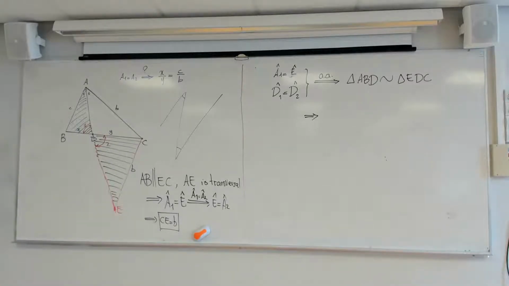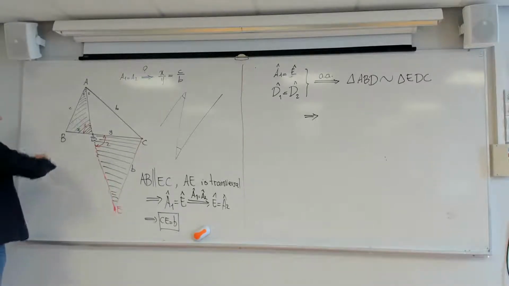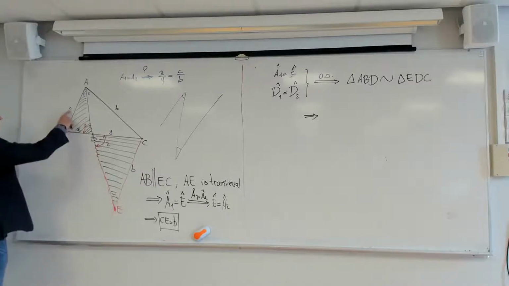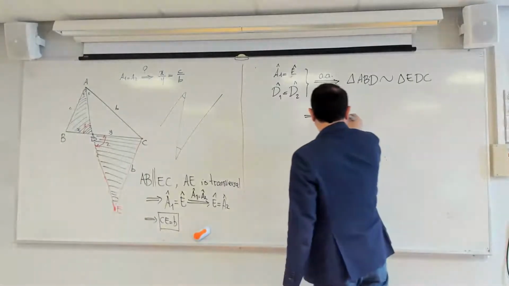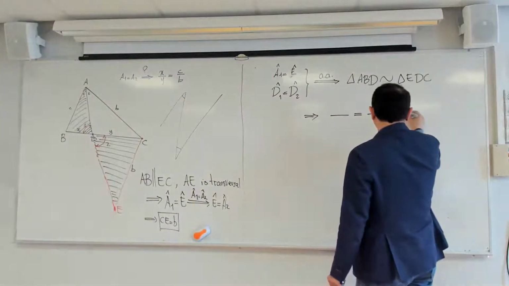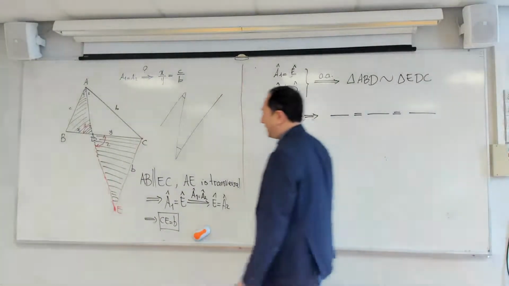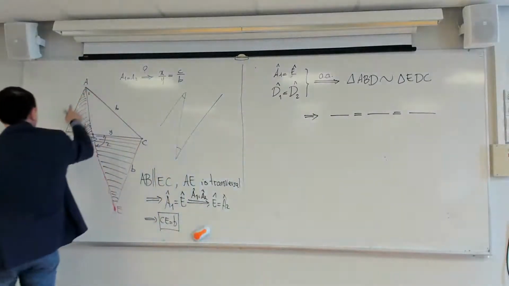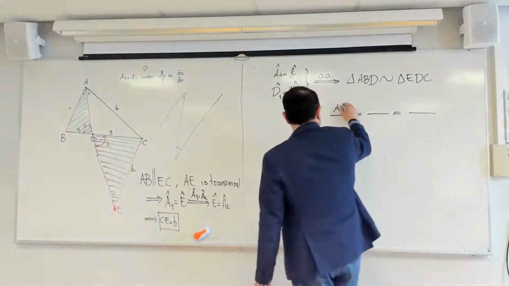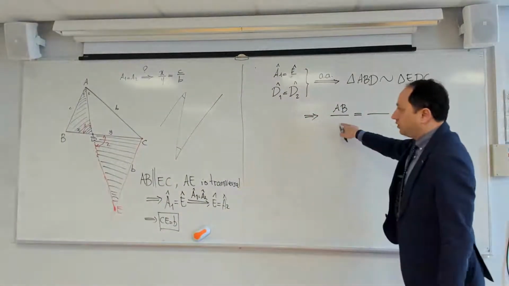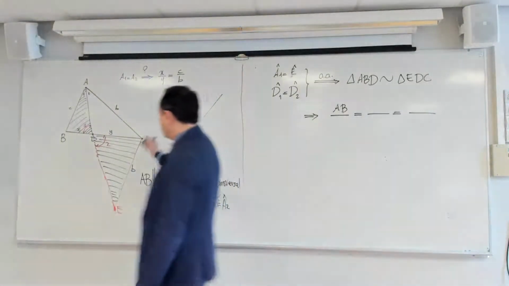Now we would say that the ratio of the sides, if I want to write the whole ratio, I don't need all of them, but let me just do it for practice. If I write AB from the smaller triangle, what should I write below it from the bigger triangle? Can you see that?